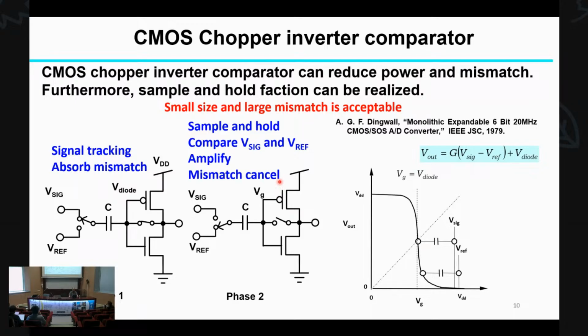Of course, mismatch can be cancelled. So using this analog technique, the small size with large mismatch is acceptable. Even though we use small transistors, we can realize higher bits, such as a 9-bit ADC.